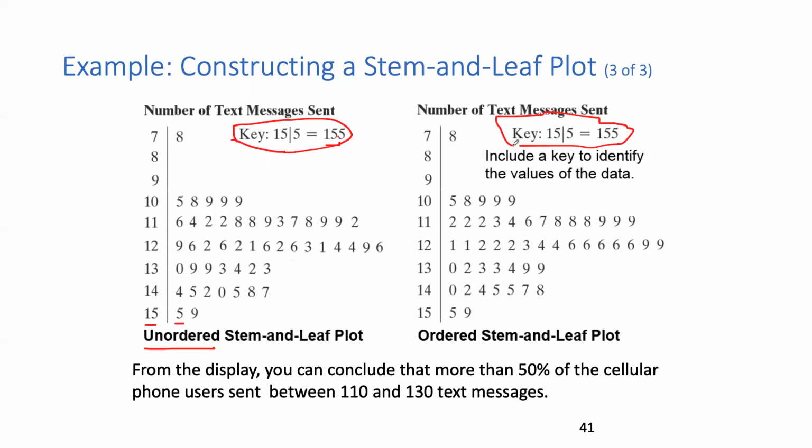Now, there is a difference between an unordered and an ordered stem and leaf plot, and the difference is basically whether you just put down these leaves in the order that they appear in the data set, or whether you want to organize it into a coherent ascending or descending numbering, so it's easier to read, right? Because if I have this unordered stem and leaf plot and you ask, how many 112s are in the data set?